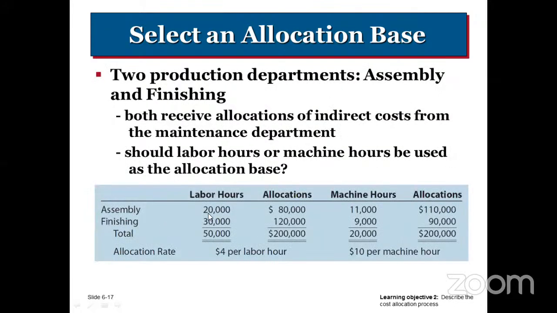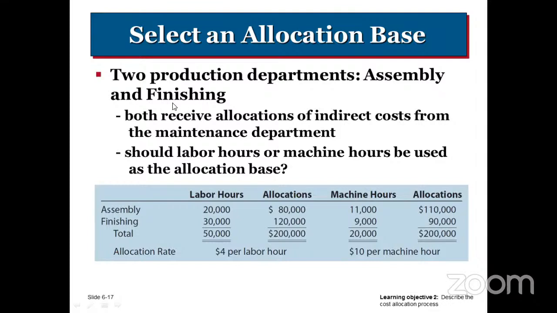So you can see in this example, select an allocation base. That means the basis you want to use to allocate your manufacturing cost, your cost pool, to the production departments, assembly and finishing. This is one of the very common setups in manufacturing. Assembly is always there, and finishing also.